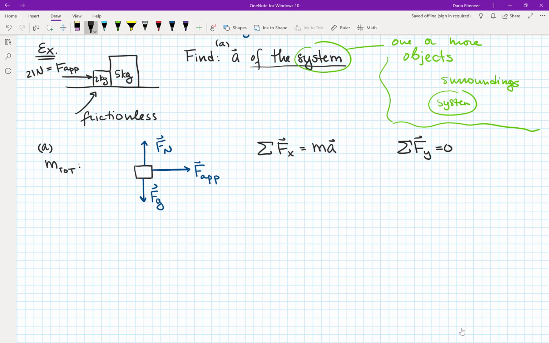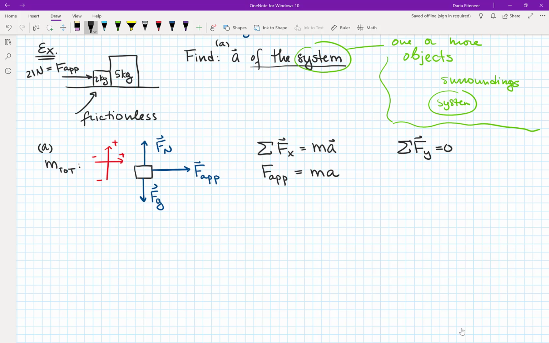So, for most cases, we're using a standard coordinate system, right? X is horizontal, y is vertical, positive is up and to the right, negative is to the left and down. So, for the x direction, we only have one force, right? So that's all that contributes to the sum of all forces in the x direction. So that's how I'm going to transition from Newton's second law to what's going on specifically in this problem.